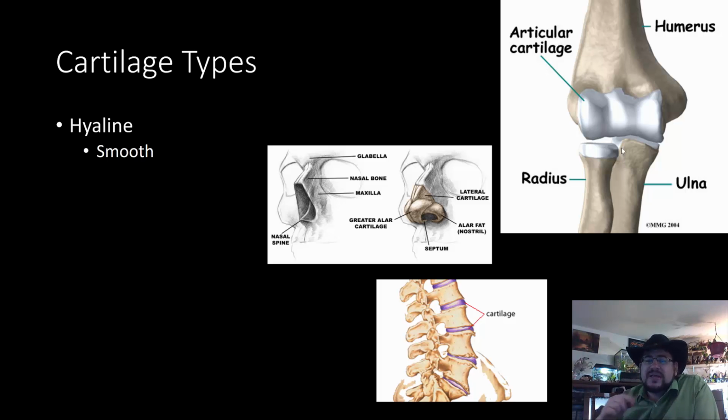So, to compensate for that, we have hyaline cartilage lining all of our joints, providing that smooth, fine layer that almost lubricates the joint.